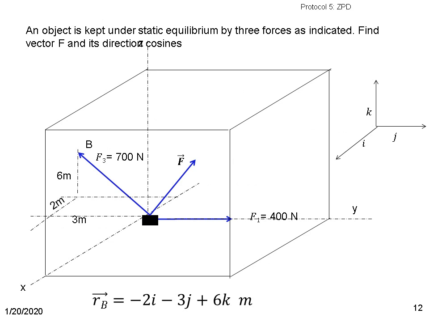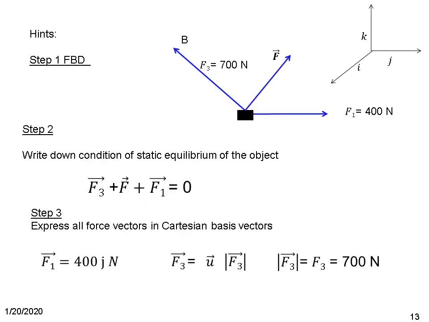Another problem: an object is under static equilibrium by 3 forces as indicated. Find the unknown vector F and its direction cosines. Follow steps 1, 2, and 3 for the solution of this problem.